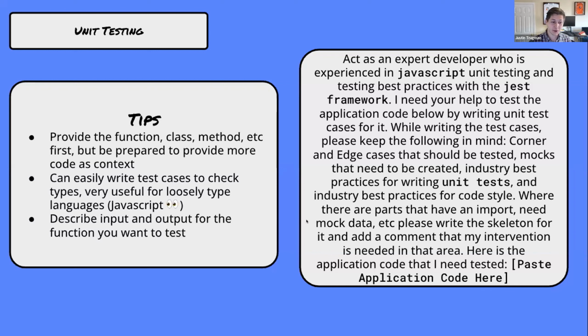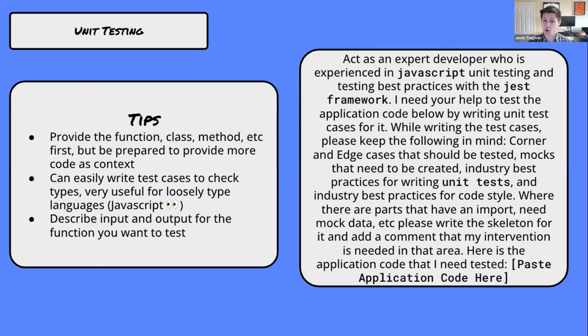Building off of that, some tips, right? These types of models could very easily write tests to check types. For example, with JavaScript, where it's not type sensitive, but you might get runtime errors. Having existing test cases and then saying, hey, I need to add a test to make sure this is not a string, or what happens when a string is passed in.